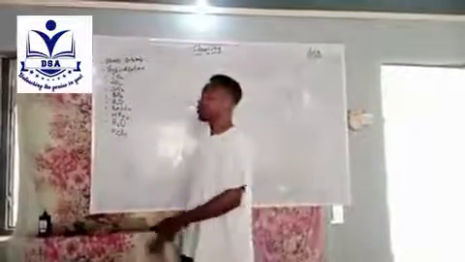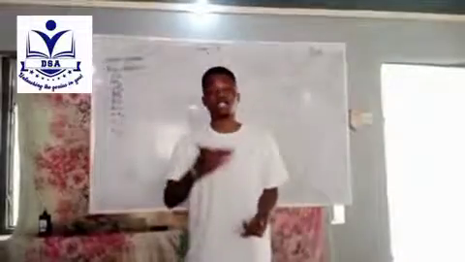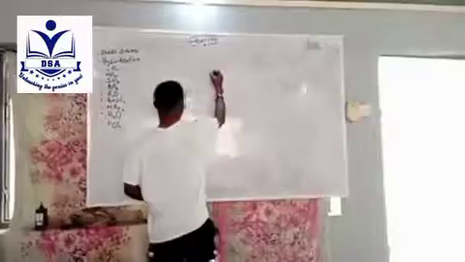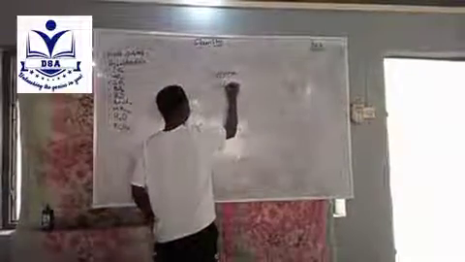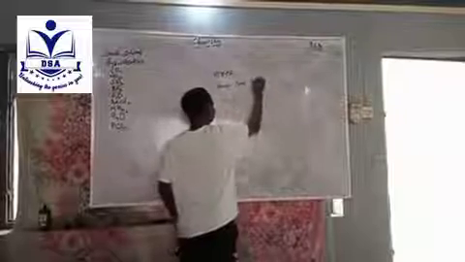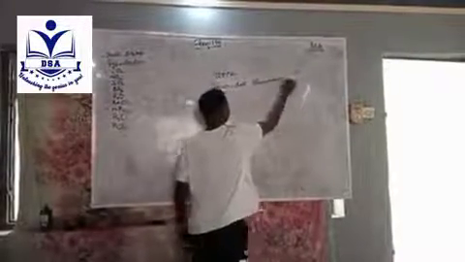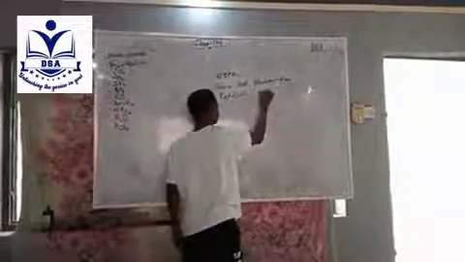On a basic standard, we have the VSEPR method, which is the valence shell electron pair repulsion method.